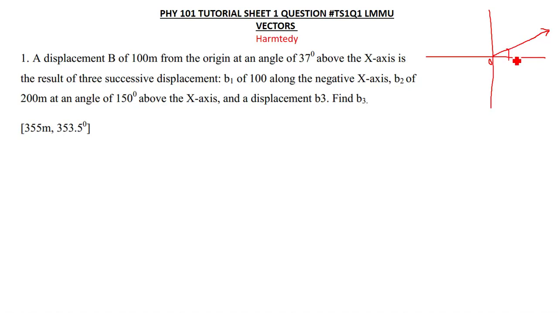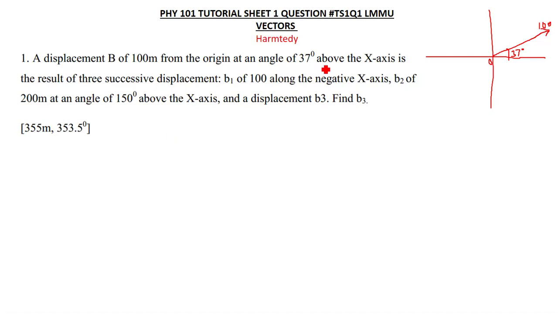This is the angle, which is 37 degrees, and this has the magnitude of 100 meters. And then the question says it is the result of 3 successive displacements.